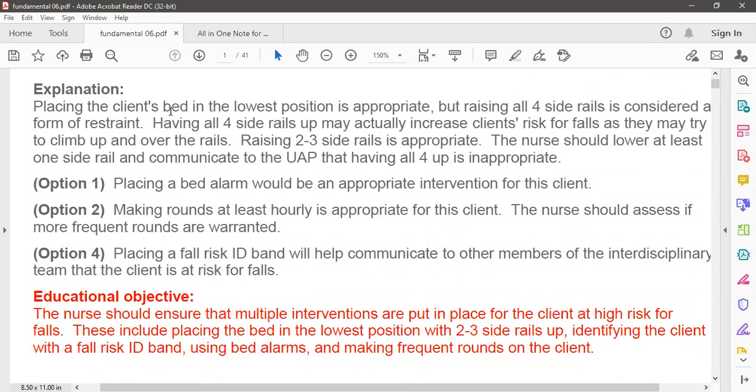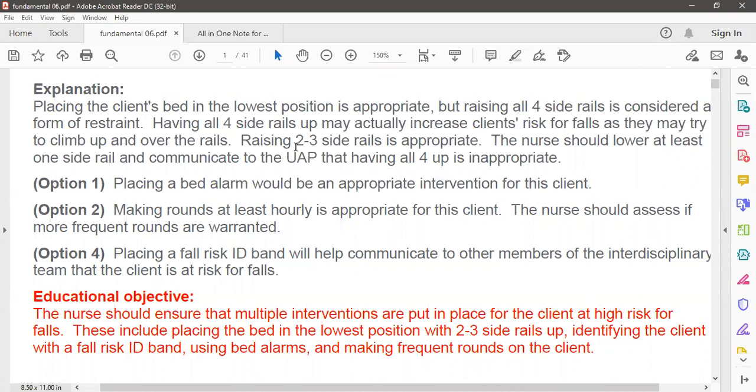Placing the client's bed in the lower position is appropriate, but raising all side rails is considered a form of physical restraint. Having all four side rails up may actually increase the client's risk for fall, as they may try to climb up and over the rail.